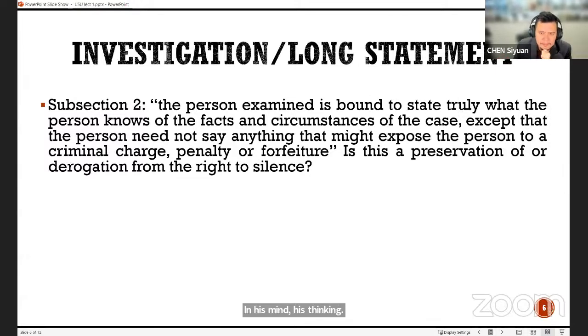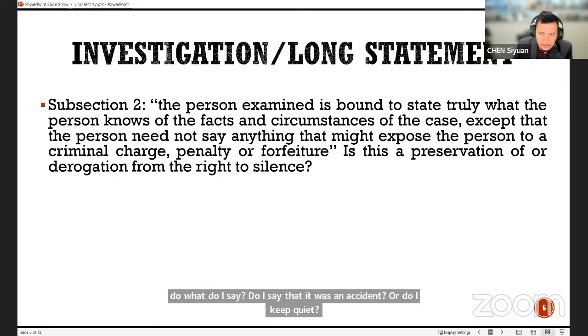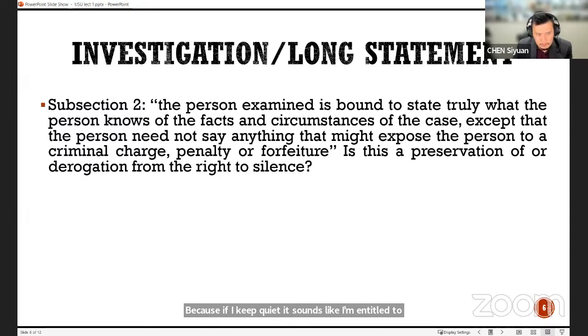So what do I say? Do I say that it was an accident, or do I keep quiet? Because if I keep quiet, it sounds like I'm entitled to do so, because if I say anything that relates to a crime, I might be self-incriminating. But at the same time, I'm supposed to state the truth. And the truth is that I didn't commit a crime. So what is the person supposed to do?